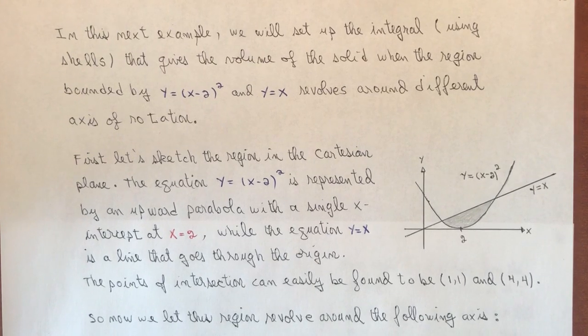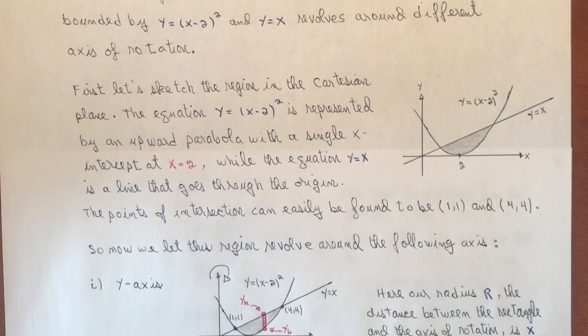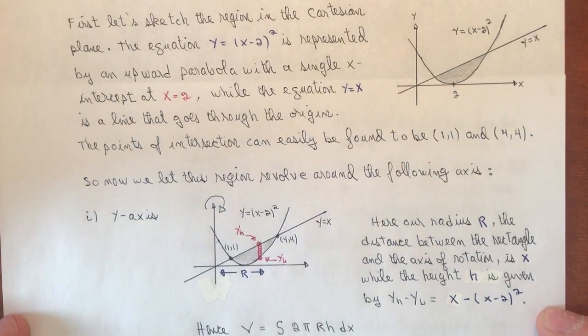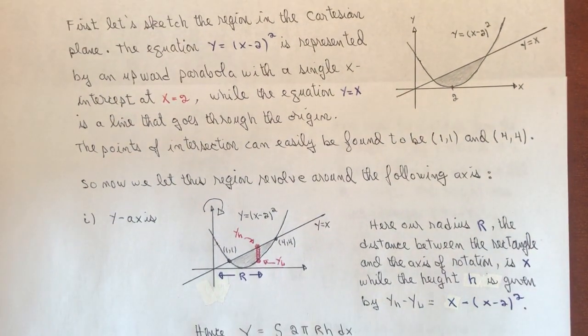So now we let this region revolve around the following axes. Let us start with the first example with the y-axis. So here our radius, big R, is again the distance between the rectangle and the axis of rotation as it always is.